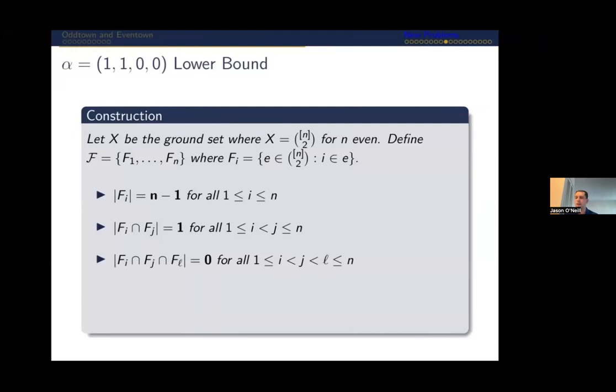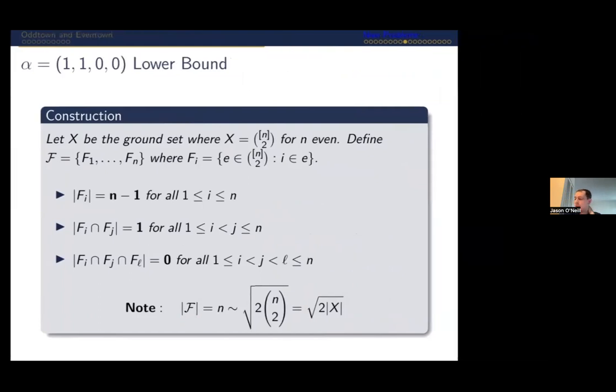Okay, so this is a construction where the number of sets in my construction is n, and it looks, roughly speaking, like the square root of 2 times the ground set. So that's a construction, and it turns out that that is essentially best possible.